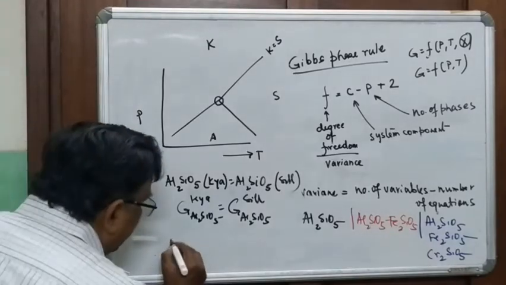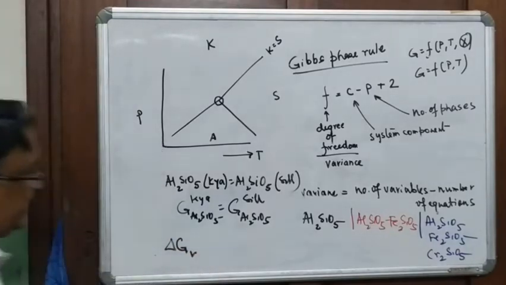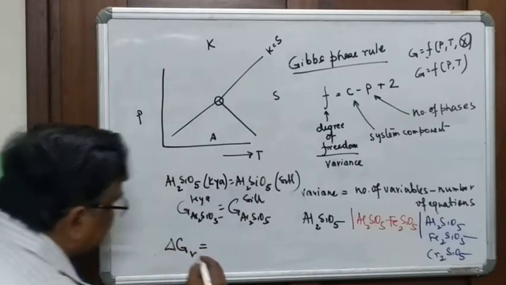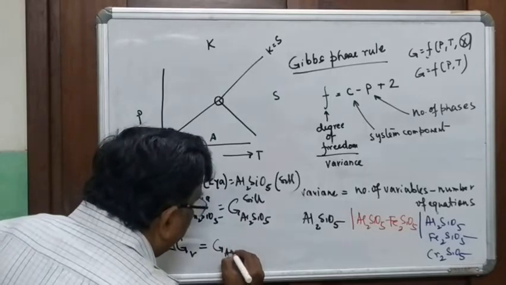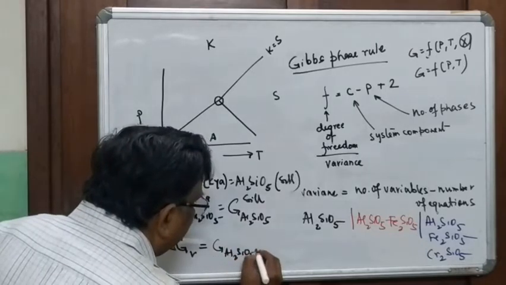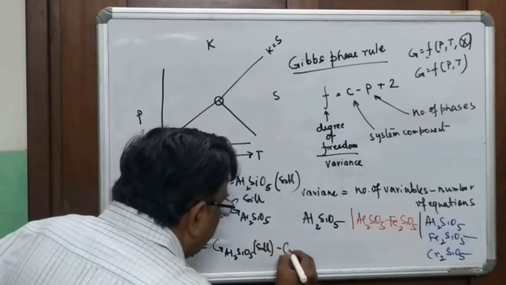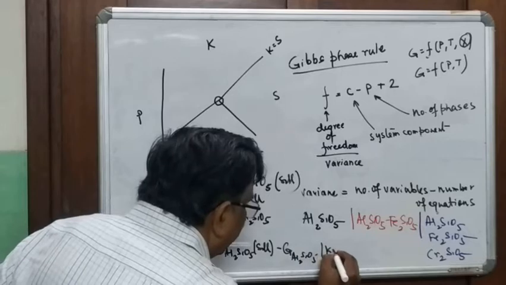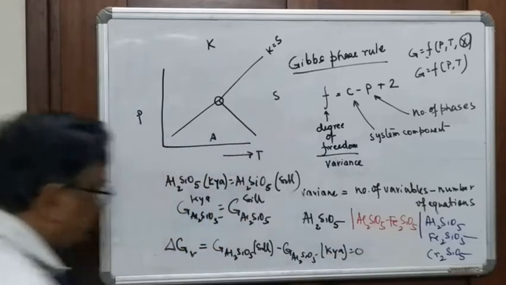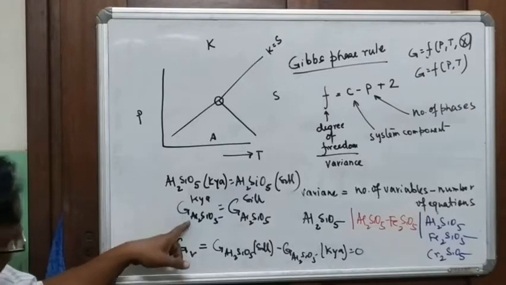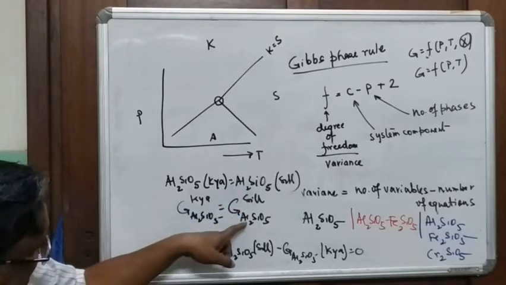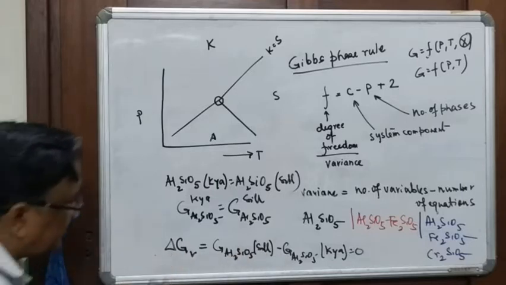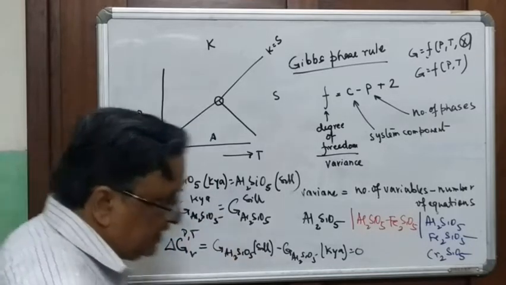That means delta G of the reaction is equal to product minus reactant: G of Al2SiO5 sillimanite minus G of Al2SiO5 kyanite equals 0. G of sillimanite is equal to G of kyanite, so delta Gr at equilibrium should be equal to 0.